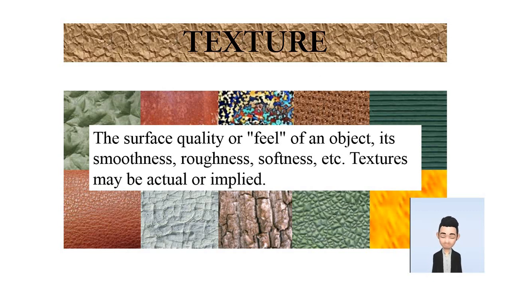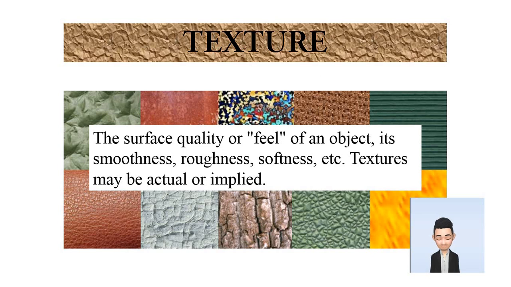So for example, if I were to touch my shirt, it feels soft, right? Or if I were to run my hands across sand on a beach, it's going to feel kind of gritty. Or maybe I'm playing with slime and it's going to feel squishy and slimy. So that's how things actually feel.